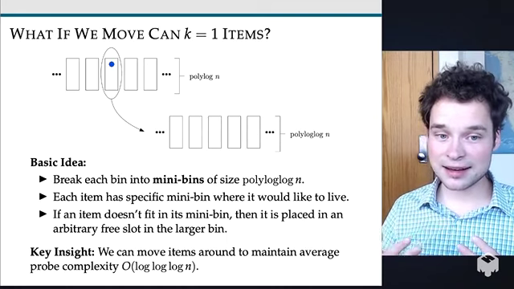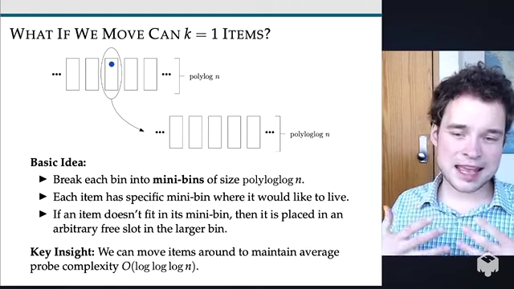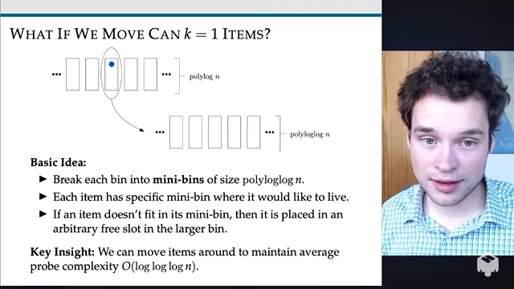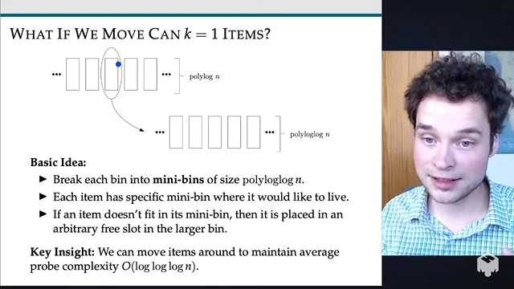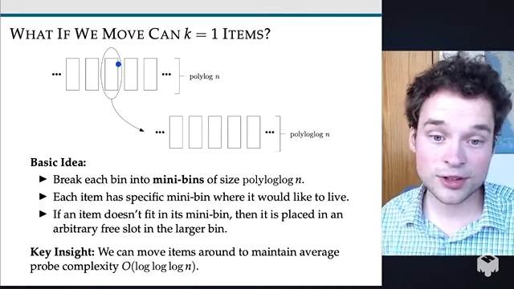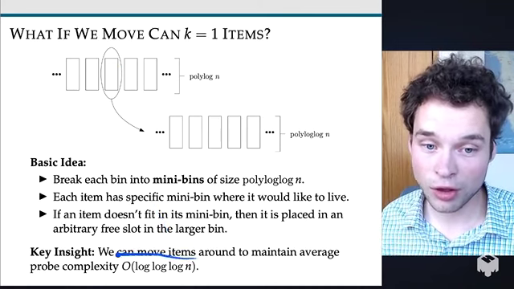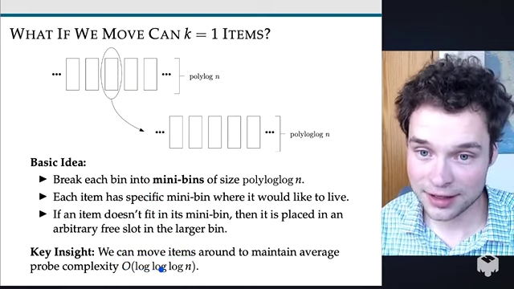But the insight is that we can move items around in such a way that at any given moment, there are very few total elements that have this larger probe complexity because they didn't fit into their mini bin. The result is that the average probe complexity is still just order log log log n, the same as if everyone had fit into their desired mini bin.